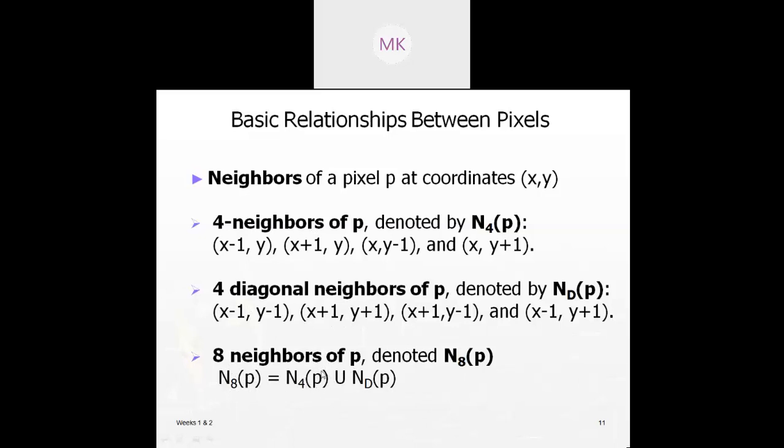That is x minus 1 comma y, x plus 1 comma y, x comma y minus 1 and x comma y plus 1, union the 4 diagonal neighbors, that is x minus 1, y minus 1, x plus 1, y plus 1, x plus 1, comma y minus 1, and x minus 1, y plus 1. So we consider all these in the 8 neighbors of P, denoted by N8 of P, which is the union of the 4 neighbors of P as well as the 4 diagonal neighbors of P.